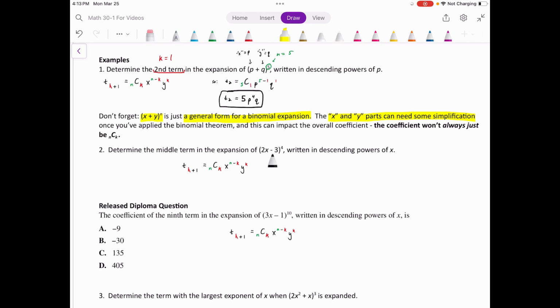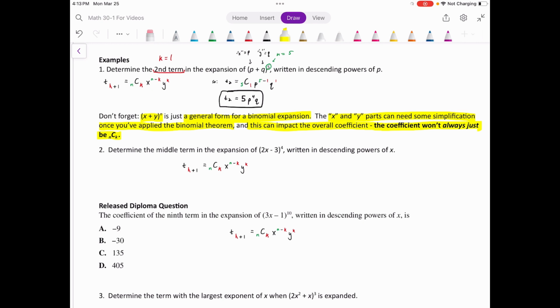So the x and y parts can need some simplification once you've applied the binomial theorem, and that can impact the overall coefficient. The coefficient will always contain n choose k as one of its factors, but it won't always be just n choose k. So always be careful.